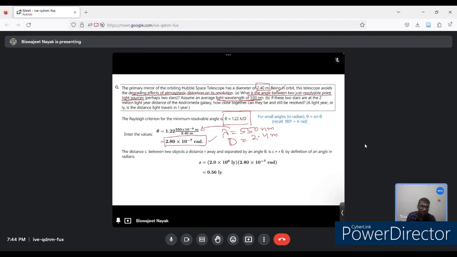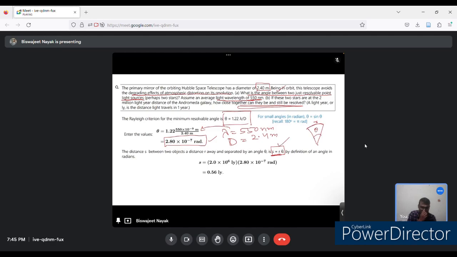Next question: if two stars are at 2 million light year distance in the Andromeda galaxy, how close together can they be and still be resolved? To solve this, the common formula used is S equals R theta for an angle: you are at a distance and subtending an angle theta and you are covering a distance.